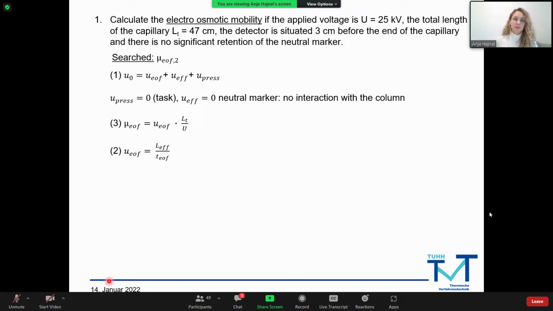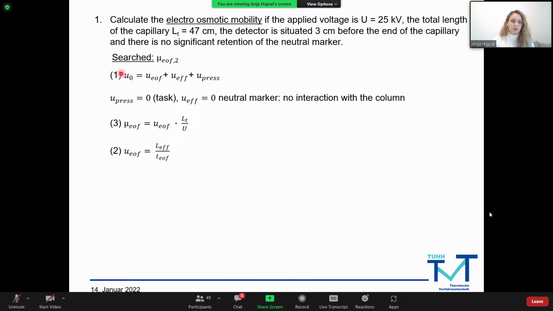The neutral marker, as you remember from this picture a little bit before, is not charged, so its velocity is not going to have the electrophoretic velocity component.